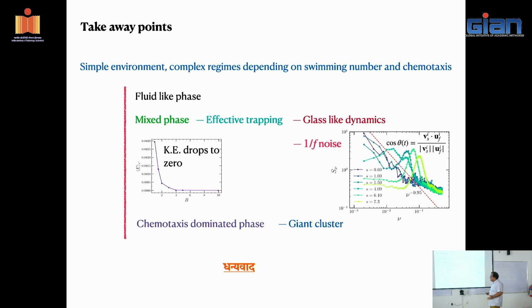Then there can be a mixed phase where there is an effective trapping. This phase can show you glass-like features, and if you characterize, for example, the local swimming velocity and the fluid velocity, you can see that there is a 1/f noise which is linked to this. So the whole thing is very rich.